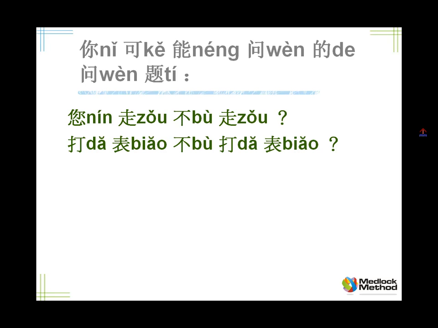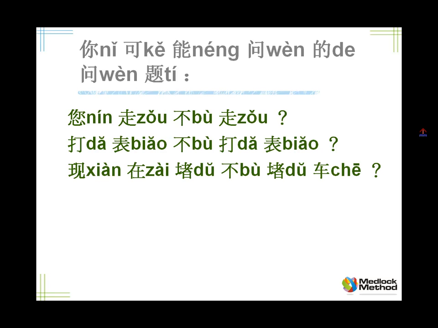Now in Chinese you put the now at the beginning, not the end, as we would in English. Ask me, is the traffic heavy now? 现在堵不堵车? Okay, in Chinese way you say that traffic jam or not. 现在堵不堵车?